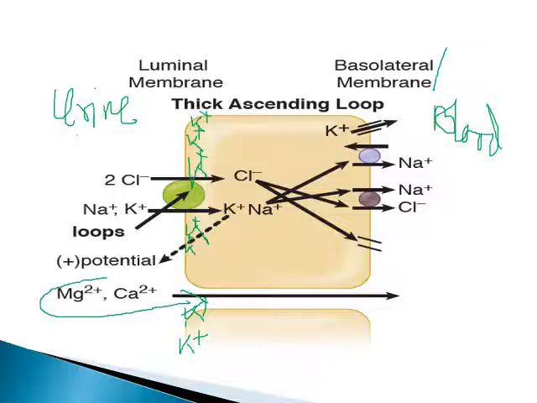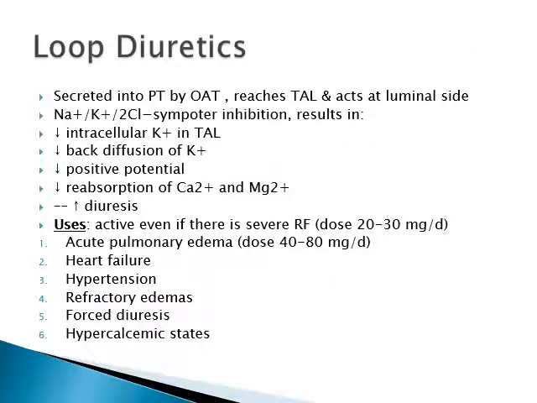So let us proceed with the drugs acting in the thick ascending loop, and only one class of drug, that is loop diuretics, is important here. Loop diuretics are secreted into the proximal tubule. Actually, they are highly plasma protein bound, so they are not filtered through the glomerulus. So how will they get to their site of action?